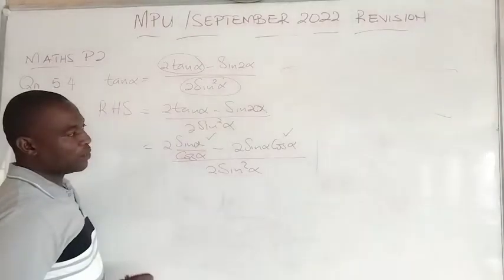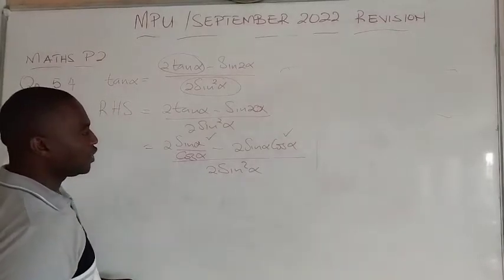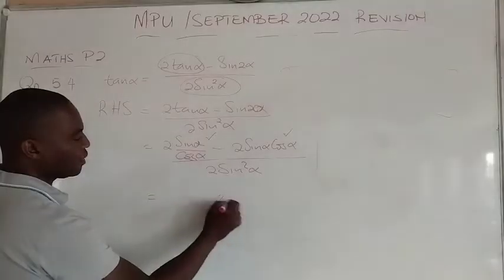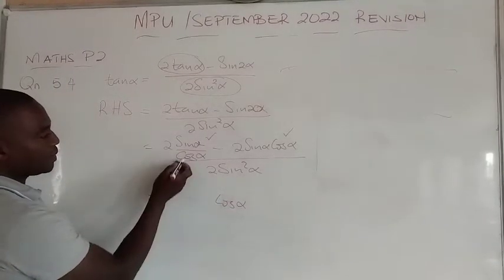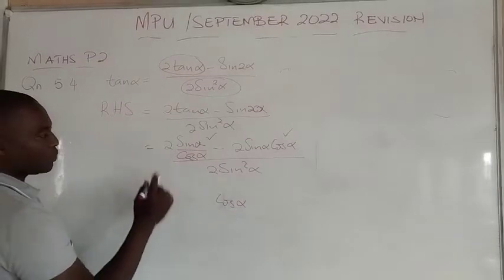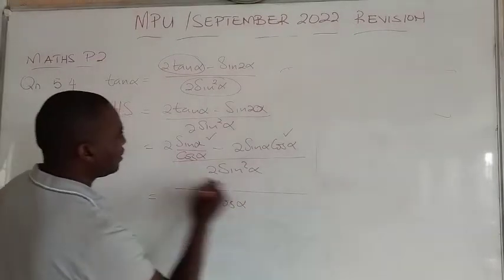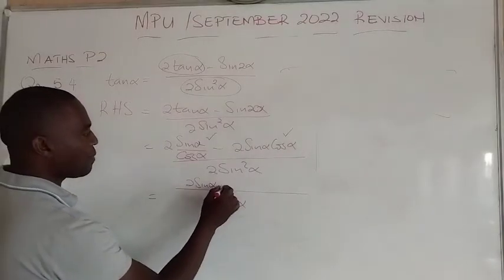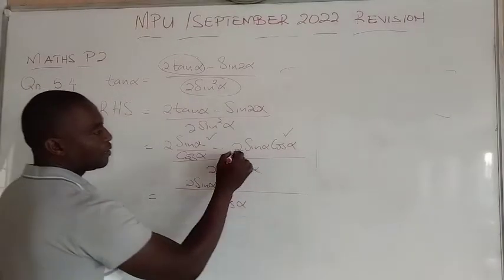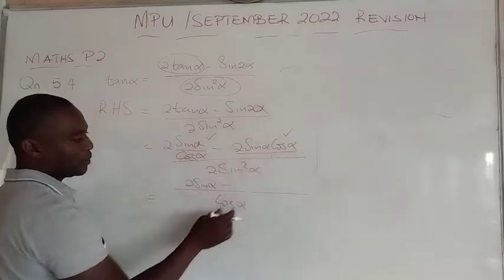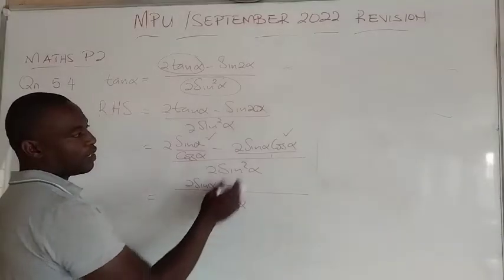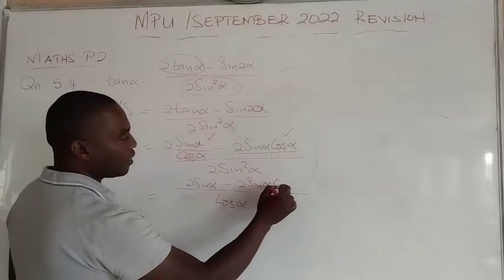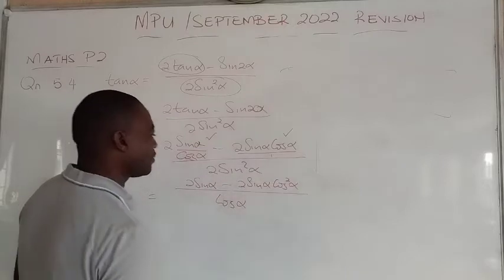Now the numerator is calling for addition of fractions there. So the common denominator is cos alpha. That means cos alpha into the common denominator is 1 times 2 sine alpha, that will be 2 sine alpha, minus the denominator is 1 here, 1 into cos alpha, that is cos alpha, times the numerator, that will be 2 sine alpha cos squared alpha.